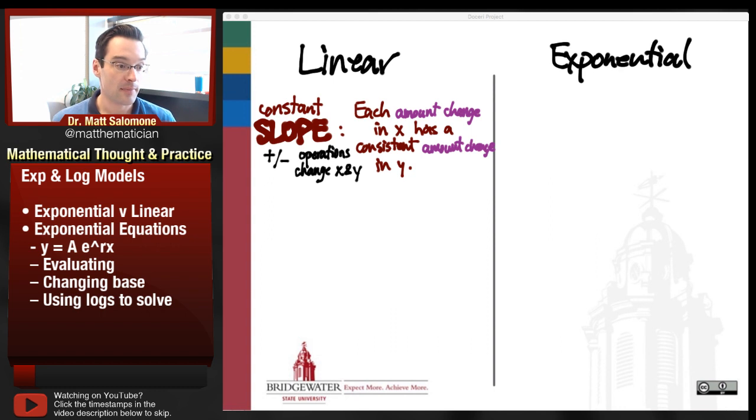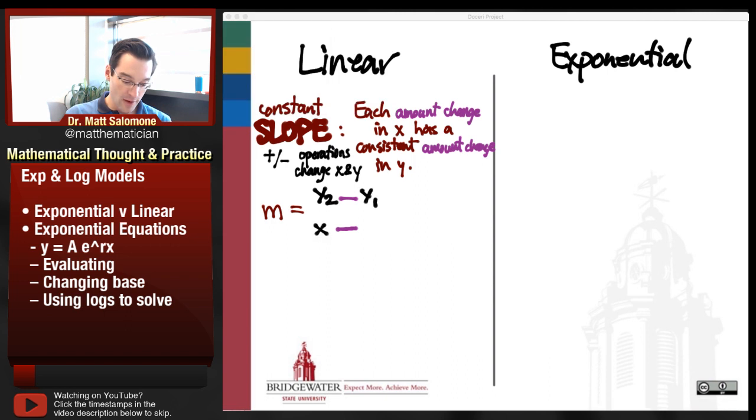And we can see that in the formula for how we computed a slope. My formula had a difference in the y variables and a difference in the x variables that powered the whole formula: y2 minus y1 over x2 minus x1.